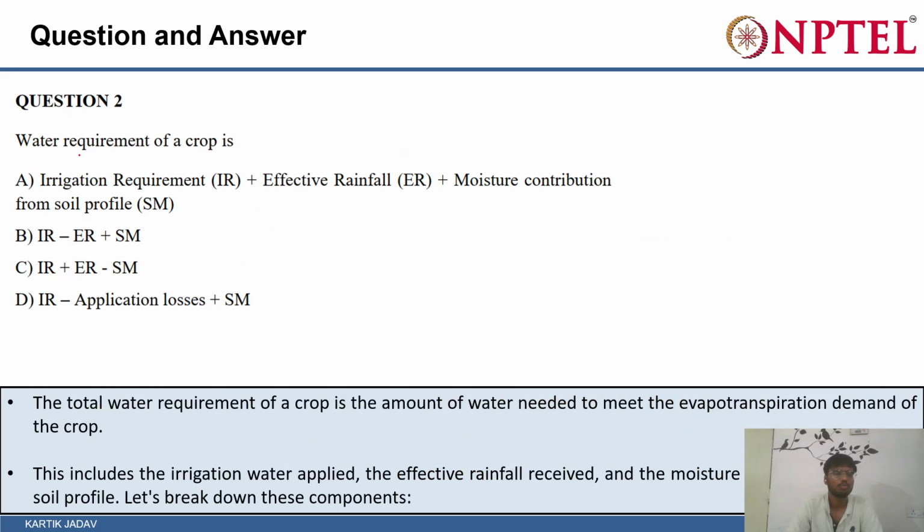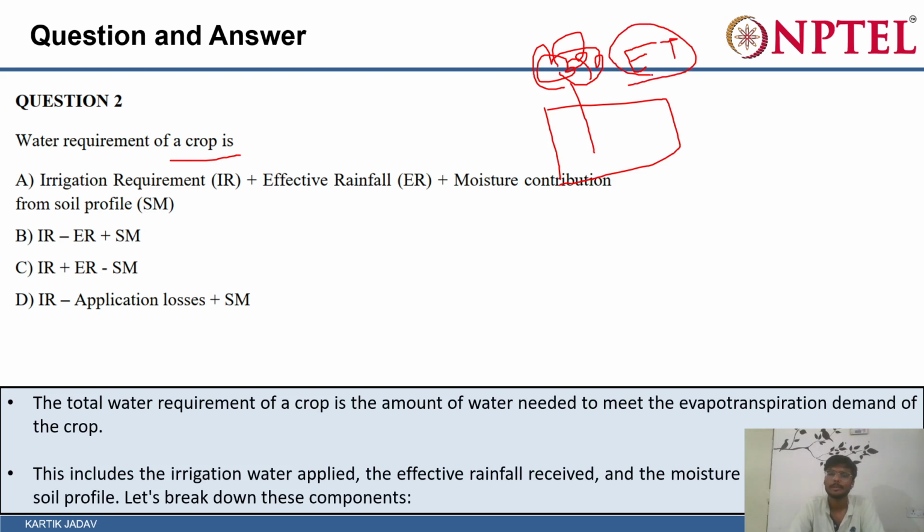Question number two: water requirement of a crop is... let me draw this here. Whenever you are growing a crop, what is the crop water requirement? We know that crop water requirement is basically equal to evapotranspiration. Whatever evapotranspiration happens from this field is the water required by the crop for food preparation using photosynthesis.